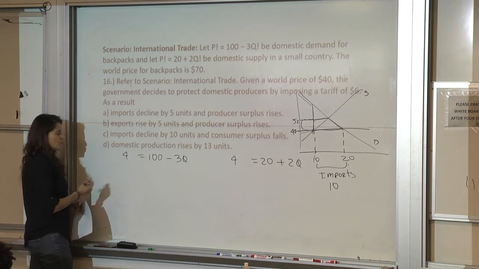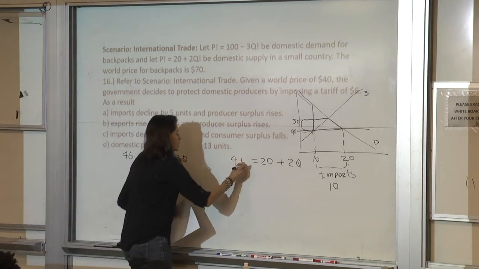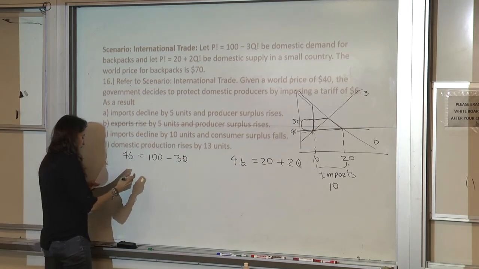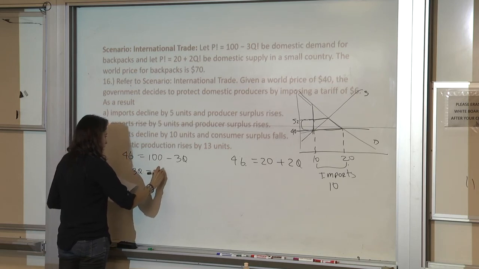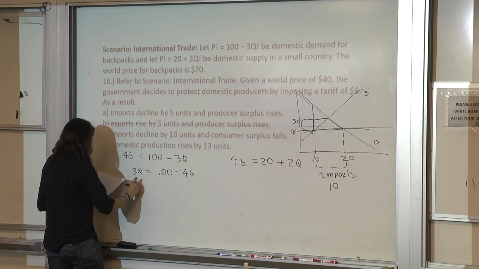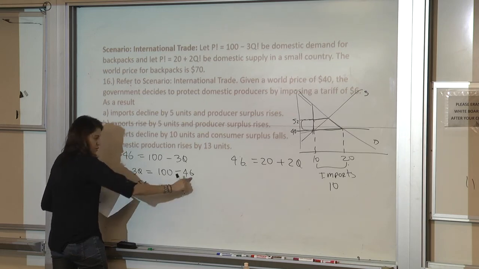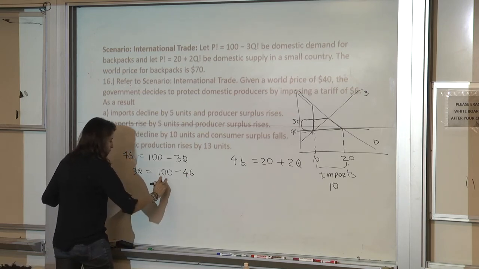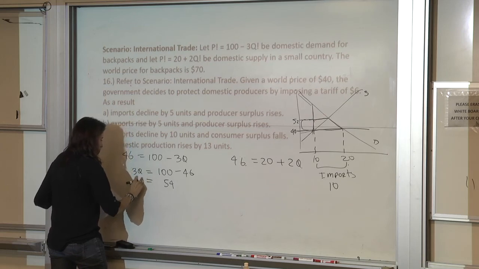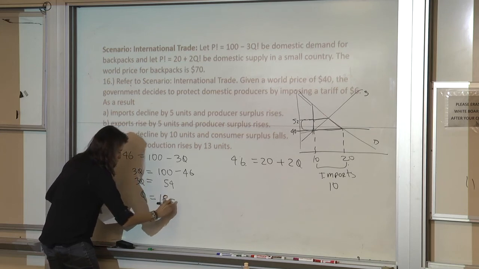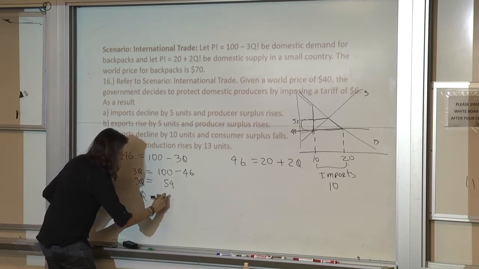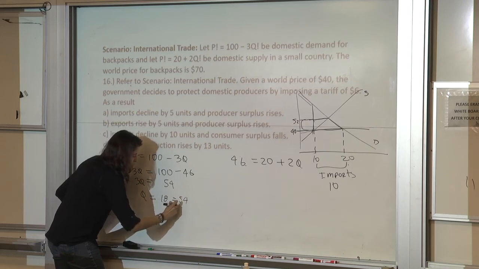Now price, instead of being 40, is 46, and you make the calculation. 3Q equals 100 minus 46. This is 54. 54 equals 3Q. Q is equal to 18, which is 54 divided by 3.